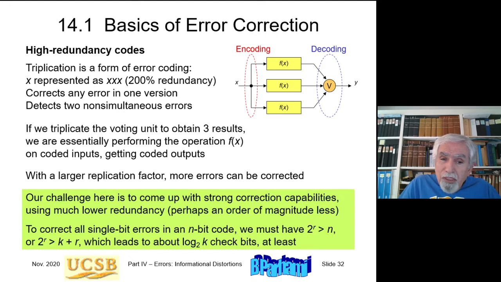So our challenge in this chapter is to come up with strong correction capabilities using much lower redundancy, perhaps an order of magnitude less. So instead of 200% redundancy, maybe we have 20% or 30%, around that ballpark. We want much less redundancy while still having pretty strong error correction capability.